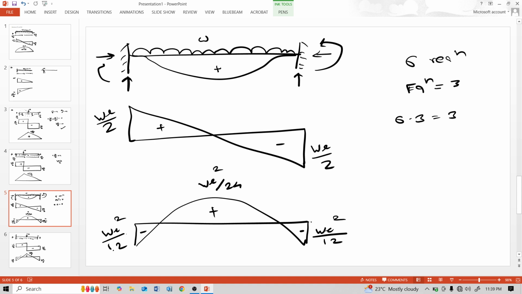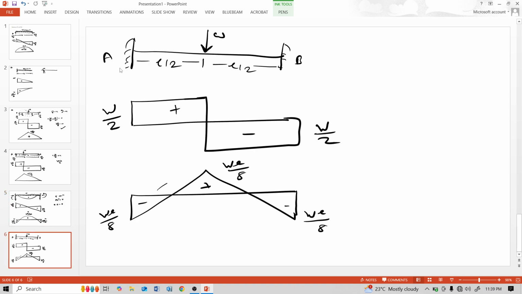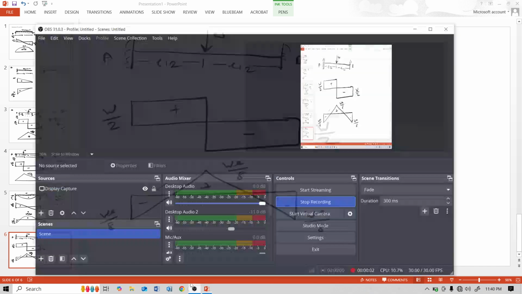Here the denominator 12 is smaller, that means the value of hogging bending moment is maximum here. Fixed beam with point load W acting at the center, hogging bending moment and sagging bending moment values are similar but signs are different. Shear force is W by 2. Thank you very much.